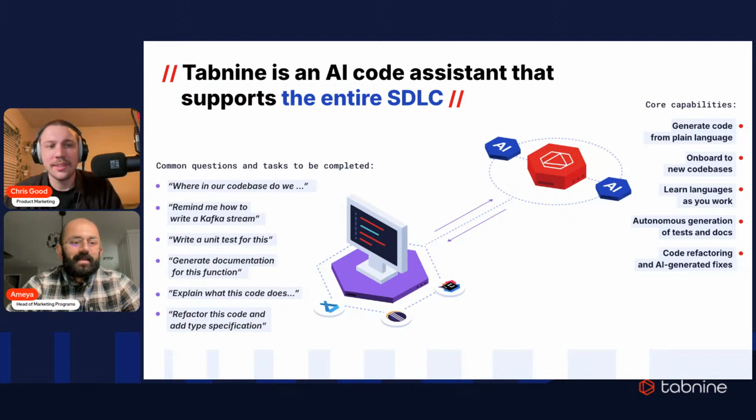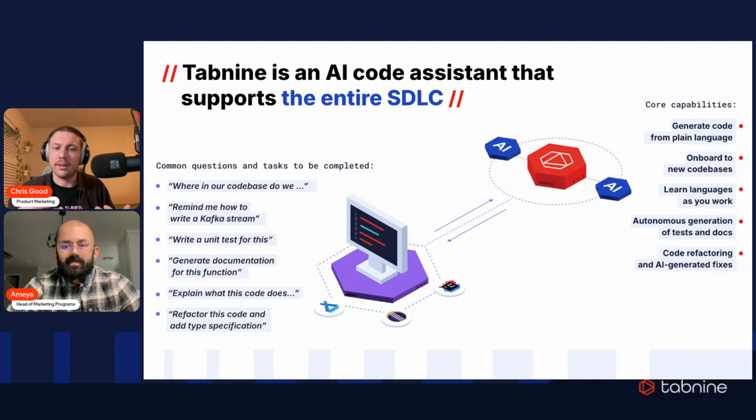Yeah, so we've talked a little bit about what Tabnine is. Let's gain some more clarity on what exactly an AI code assistant is, right? An AI code assistant is an agent that lives alongside you as you move throughout the software development process. It's powered by generative AI infrastructure, and it's fully aware of your project and your code base.